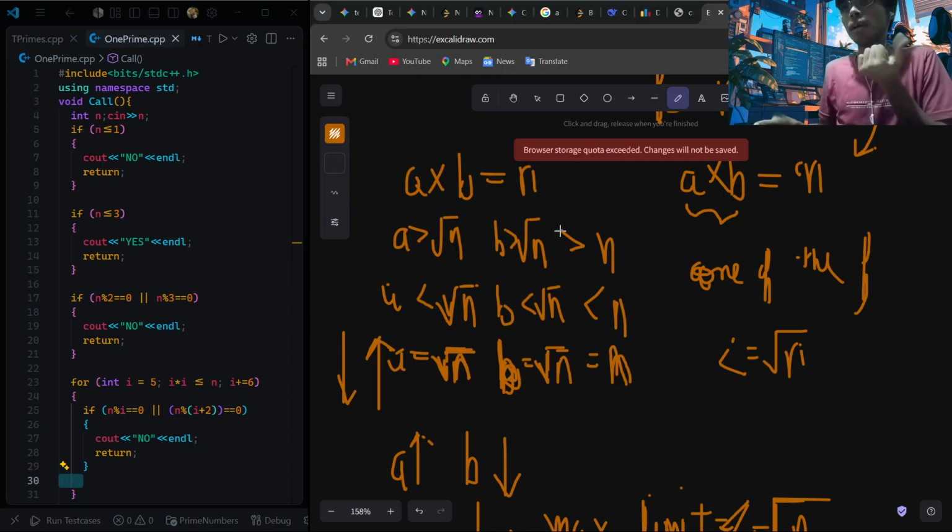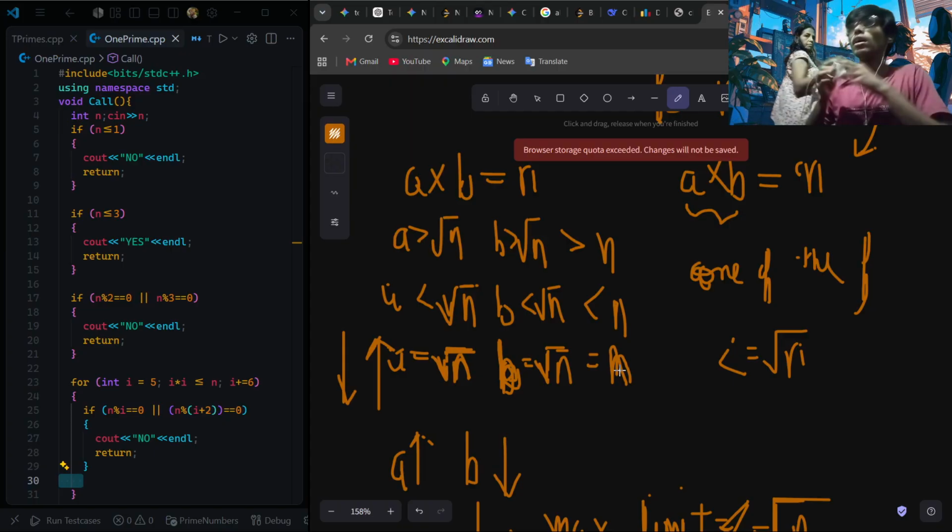Then after multiplying, we get a value greater than n. If both values are less than under root n, then we get a value less than n. And if both values are equal to under root n, then after multiplying, we get a value equal to n.